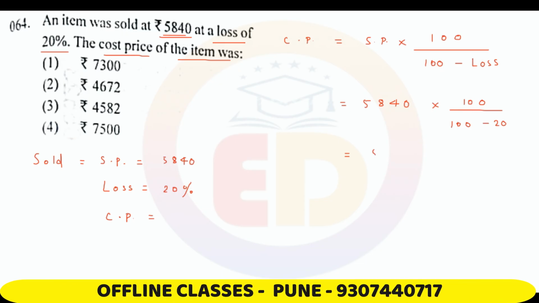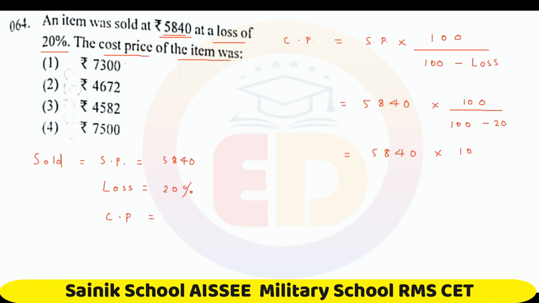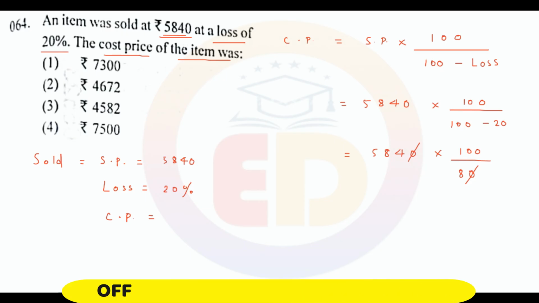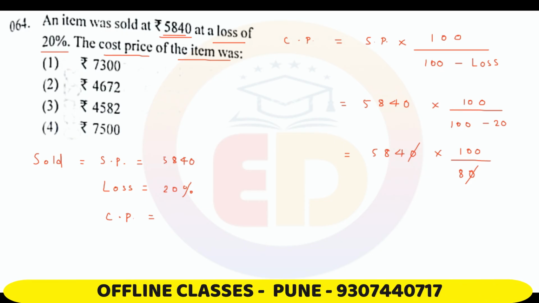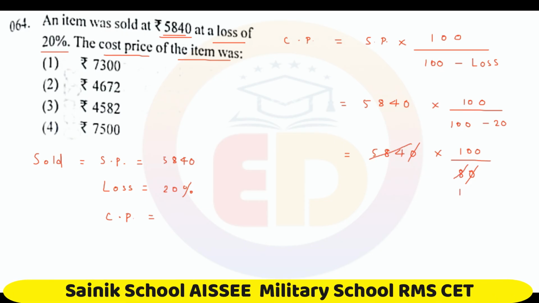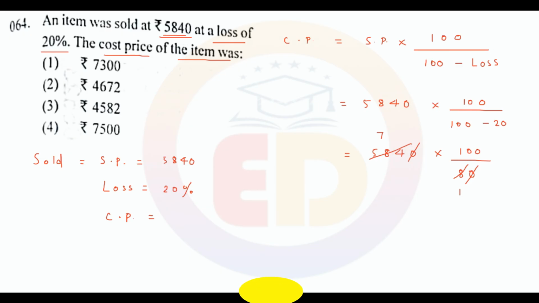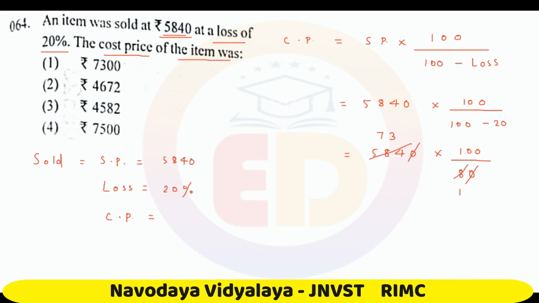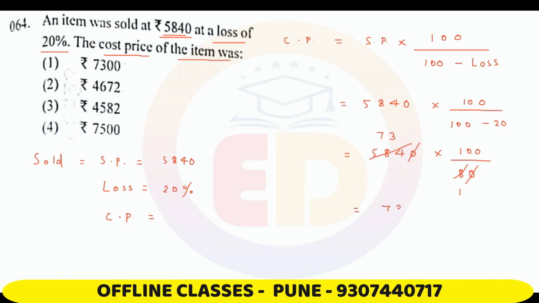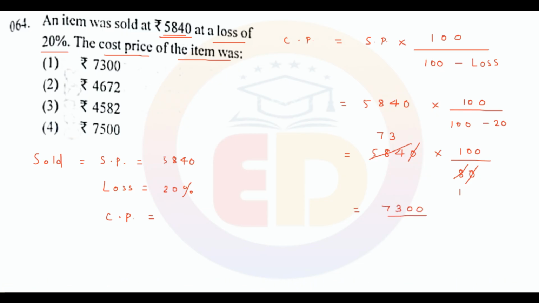So this is 5,840 multiplied by 100 upon 80. We cancel the 0 of 80 and the 0 of 5,840. We divide 584 by 8: 8 sevens are 56, carry 2, 8 threes are 24. Multiply the numerators 73 and 100. The answer is 7,300. This is the cost price.